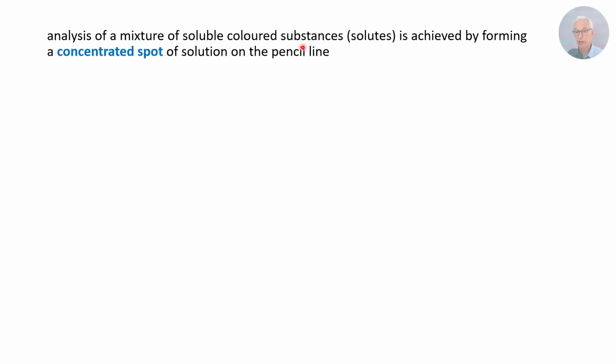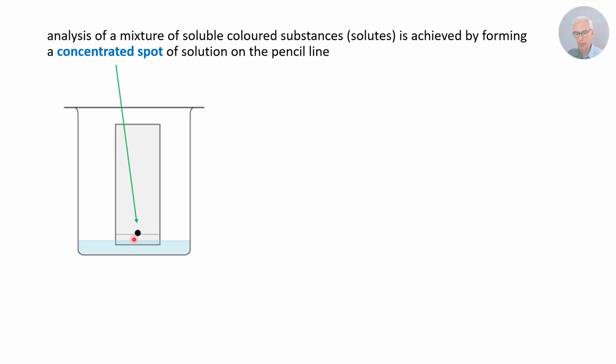For the analysis of a mixture of soluble colored substances, we form a concentrated spot of the solution on the pencil line. We place the chromatography paper in the tank with the solvent, making sure that the level of the solvent is below the level of the pencil line and the spot.